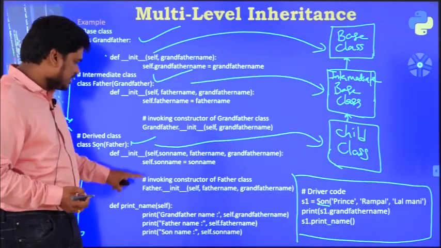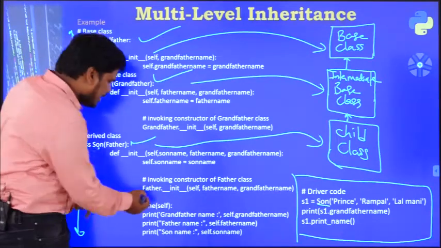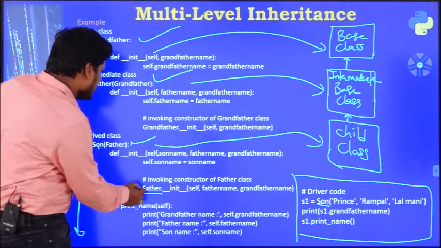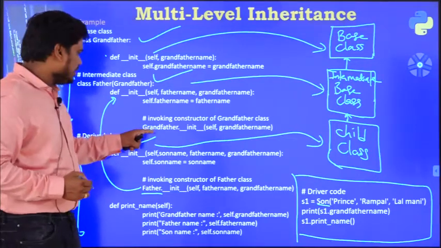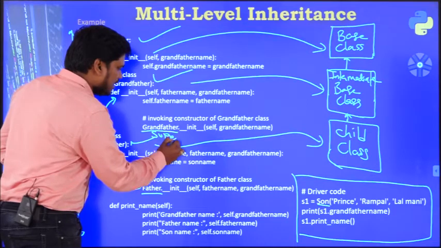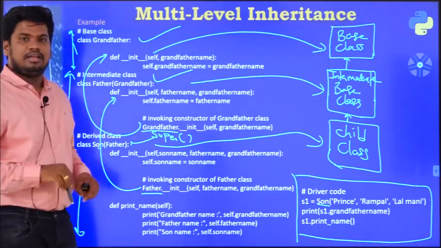Here I have used one more constructor, a super method, Father.__init__. As a result, it will call this function and execute it, and here again I have used a super method, and indirectly it will call the grandfather.